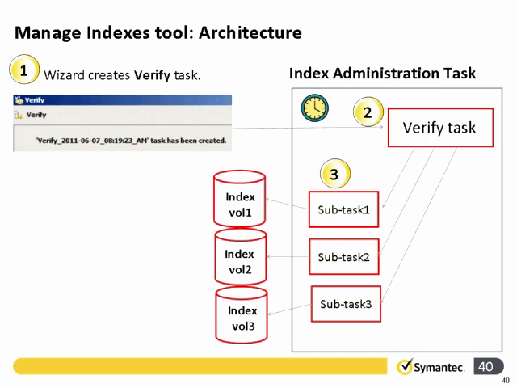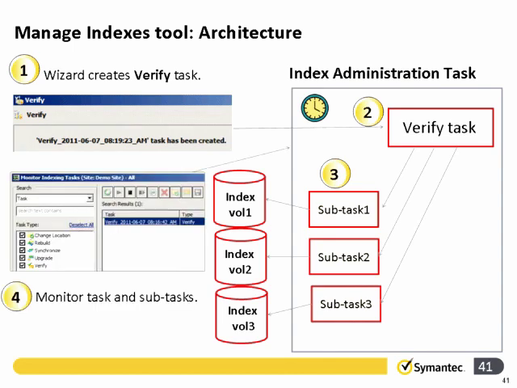In this example, the index that we're looking at currently has 3 separate index volumes, so the verify task will spawn 3 separate subtasks. Then we have the option of opening up the monitor tasks, which will show you the verify task, and you can also see the subtasks in here as well. We'll be talking in more detail about the monitoring indexing tasks tool in just a moment.